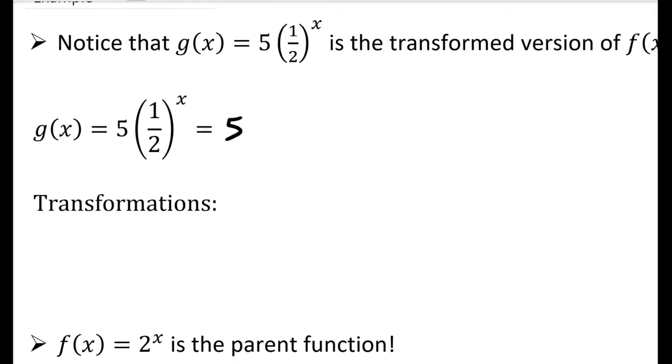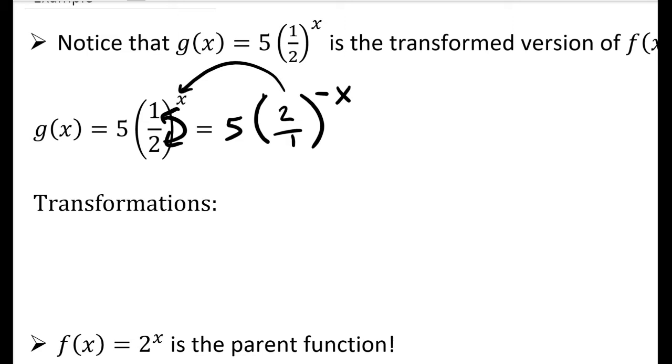Well, let's leave the 5 alone for a second. Now what happens if I flip this fraction so that it becomes 2 over 1? If I flip it, I need to introduce a negative exponent. Why? Remember that when you have a negative exponent, that means you flip and forget. So that means you'll end up going back to the original.